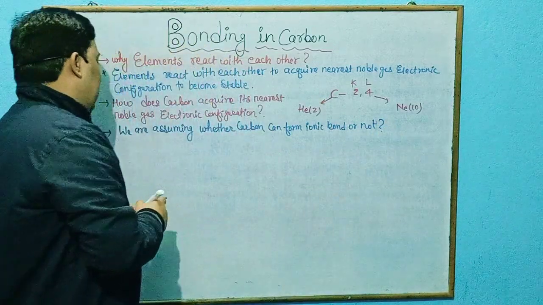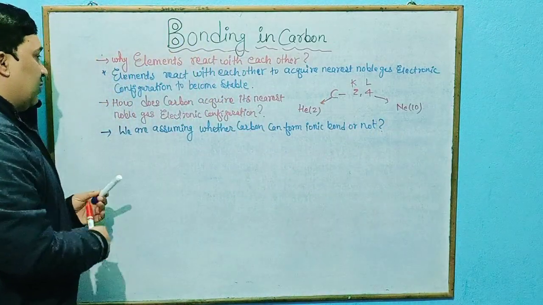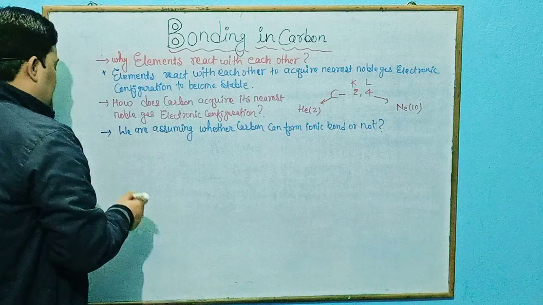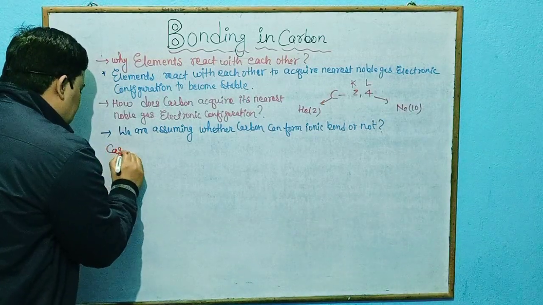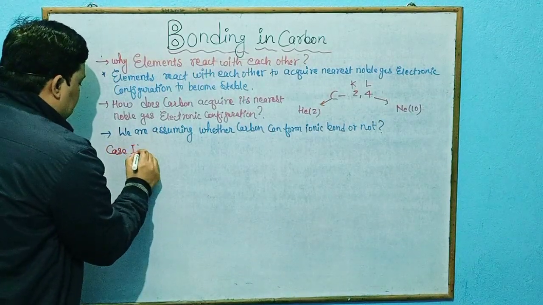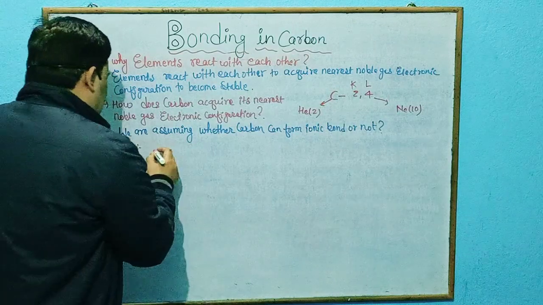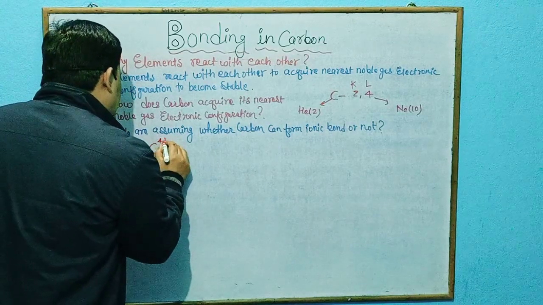So there are two possibilities for carbon to form an ionic bond. That is case 1, the C4+ ion.